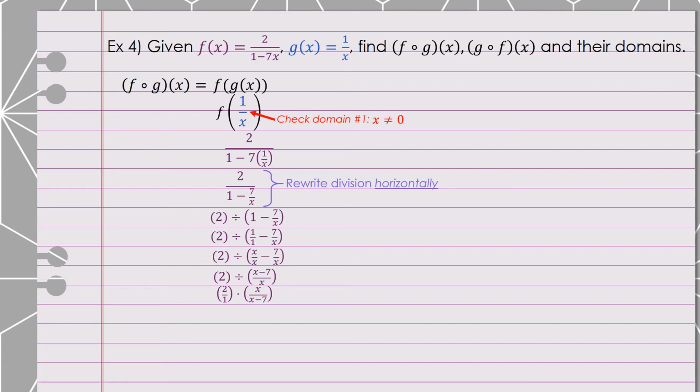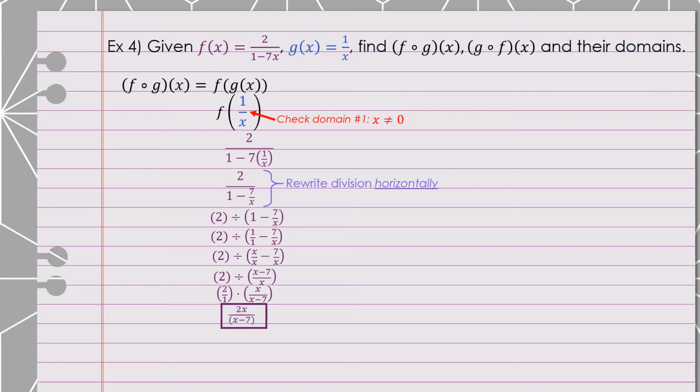Now we are being asked to multiply two fractions, and when you multiply two fractions, you multiply top times top, bottom times bottom. And so we find the result to be 2x all over x minus 7. From here, we cannot reduce, so this would be your final answer.